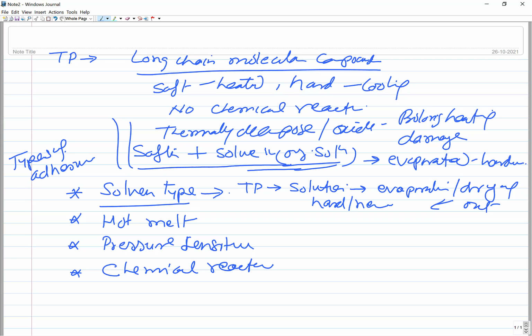These are usually weak, so they are not used for structural purposes.